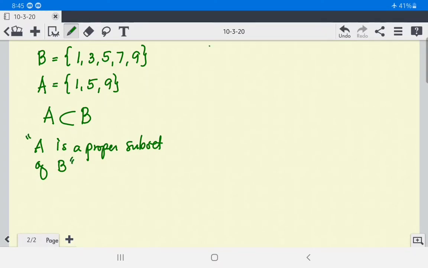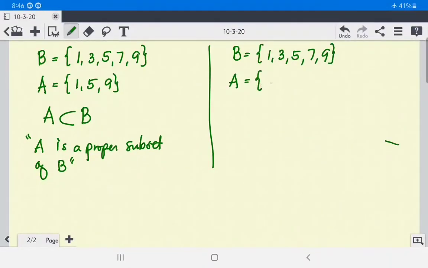and then let us have another one. Let B equal 1, 3, 5, 7, and 9. And then we have another set that contains 1, 3, 5, 7, and then 9.